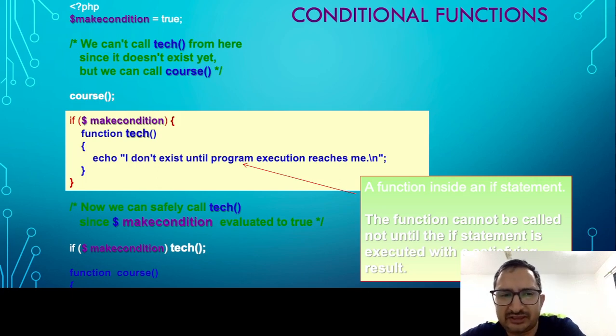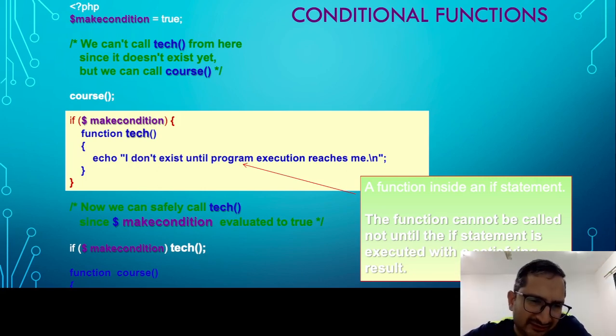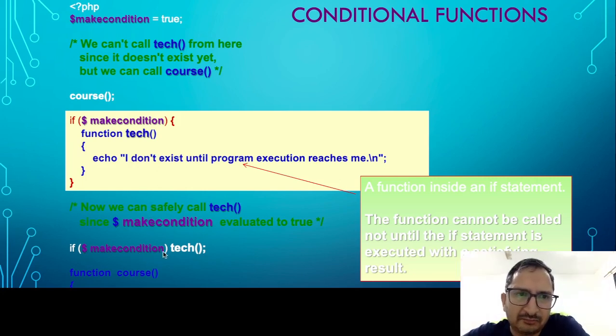Here we have a function tech which is inside the if condition. Only if this if condition is true can we call the tech function. In the next statement, we have evaluated if $makeCondition is true, then tech can be called, because this has been evaluated as true. But we can call the course function at any point of time.